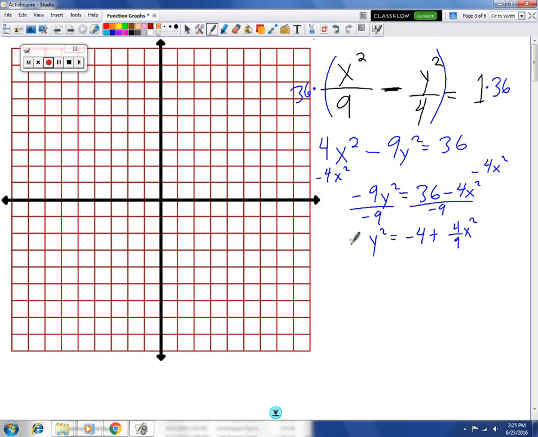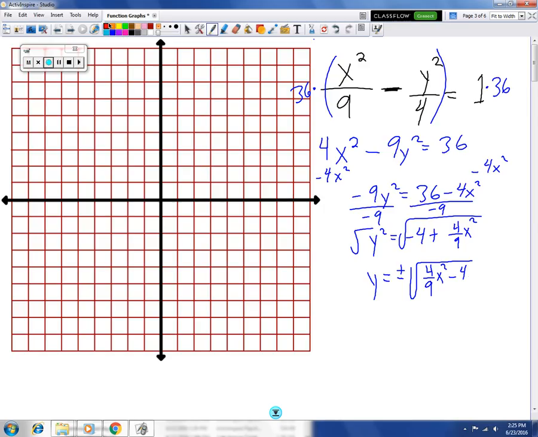And if I take the square root of both sides, I get y is plus or minus the square root. Now I'm going to reverse these two terms; it looks a little more comfortable for me. I'm doing this to show you what I would pick for x.